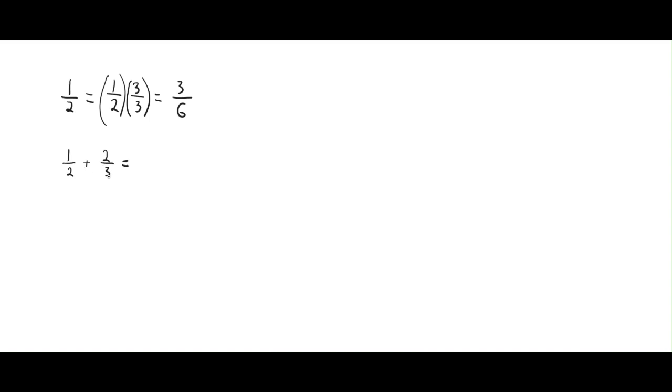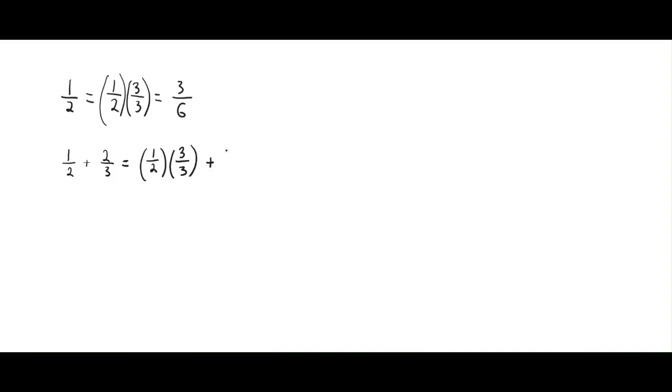Okay, so let's do that. We've got a half, and I want to take that half and multiply it with 3 over 3. So this 3 is going to multiply the 1 and the 2. Just to write that out more properly, what we're really doing is multiplying a half by the number 1, so we don't actually change the fraction, but we change the way it looks, even though it has the same value.